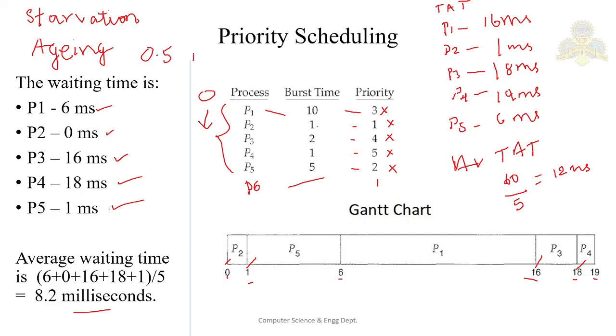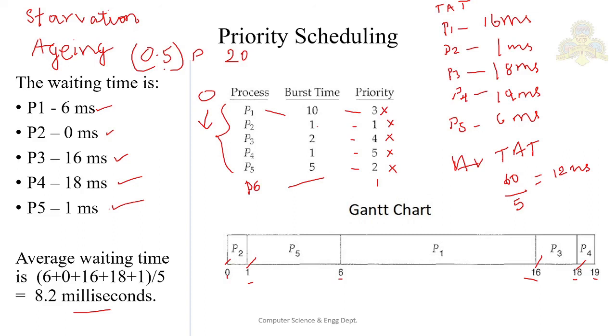Say you have a process with priority 20 that has entered the ready queue. In the aging technique, we assign some factor, which is called the aging factor. You keep decreasing 0.5 from your process priority.